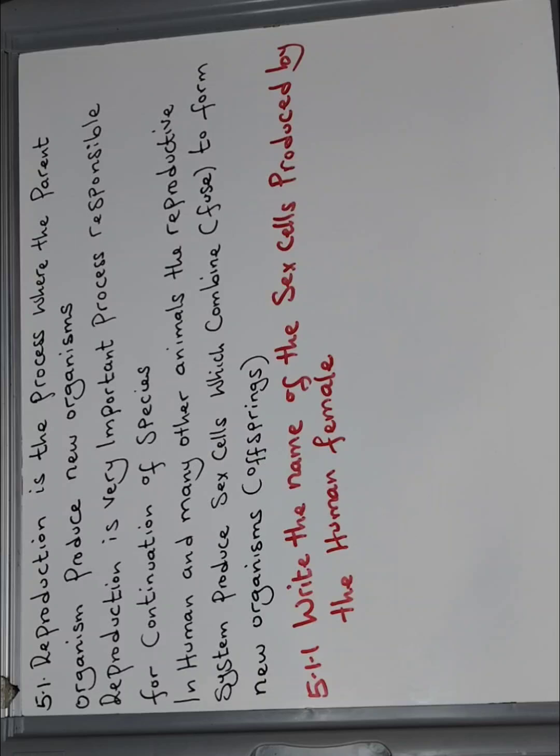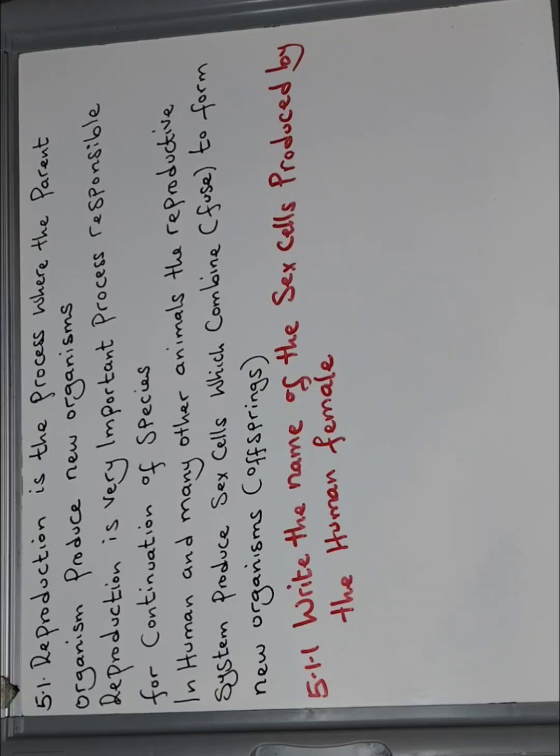It says, write the name of the sex cells produced by the human female. Okay, we said male produce sex cells and female produce sex cells. So what are those cells which are produced by the female?